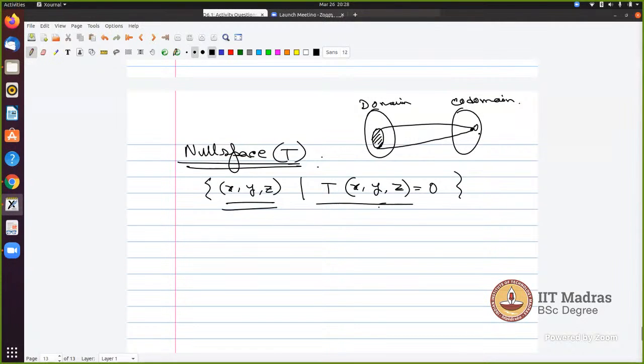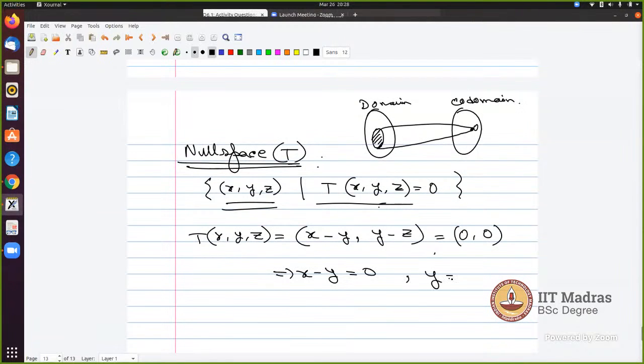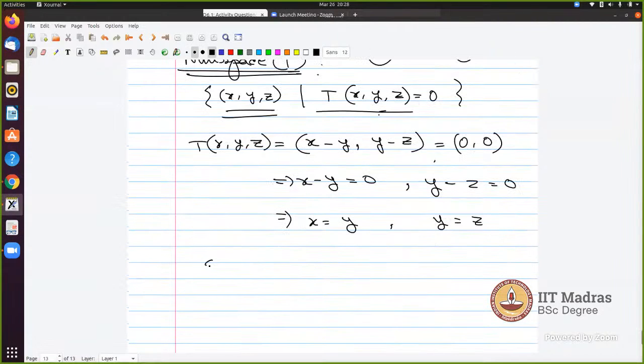Okay. So basically T of x, y, z, here I have taken x minus y and y minus z. If this is going to 0, 0, what does that mean? x minus y is 0 and y minus z is also 0, so x equal to y and y equal to z.